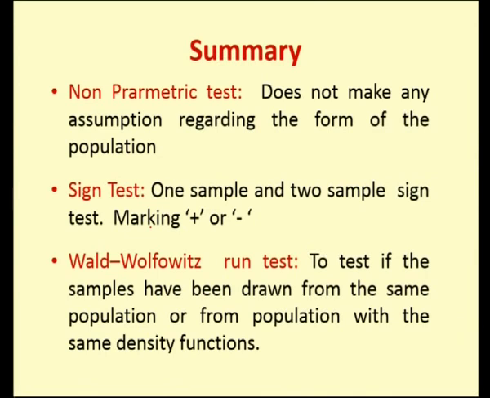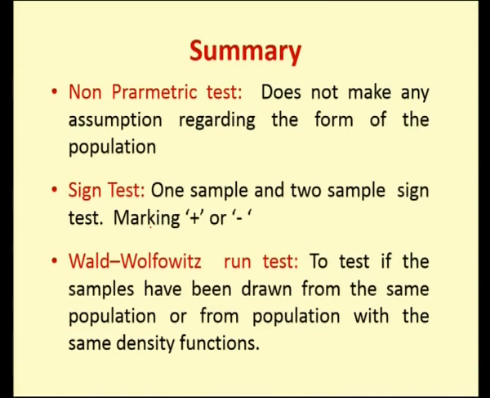Then, looking into the number of minus signs, you fix your probability using the probability distribution, get the value, compare with the p value, that p is equal to 0.05, and draw the inferences. If the calculated value is lesser you reject, if it is greater you accept.